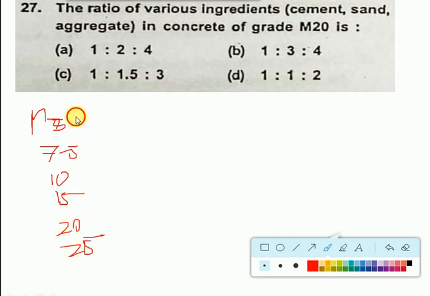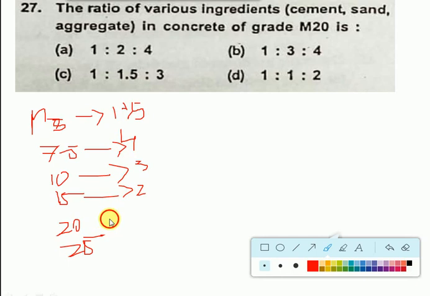For M5, the first number 1 is the same for all: 1, 4, 4, then 1, 4, 3, then 1, 3, 2, then 1.5, and 1. The second ratio, 1 is the same, the second one is 5, and now you have to make it double: 1 is to 5 is to 10, 8, 6.